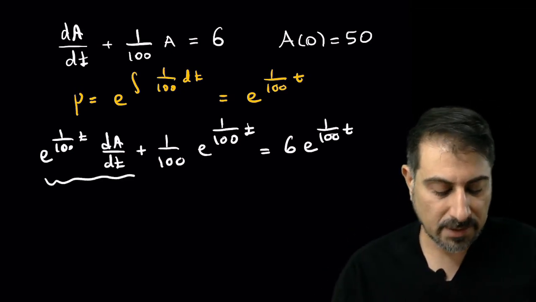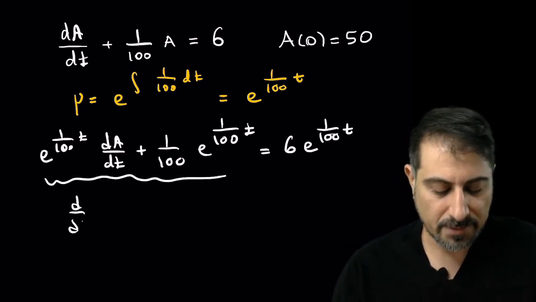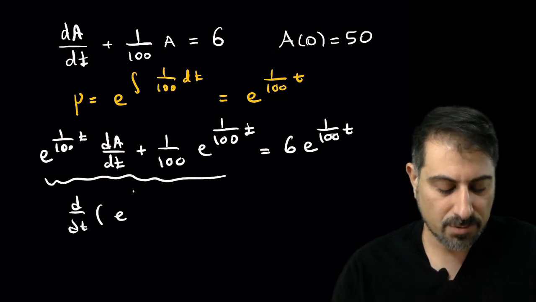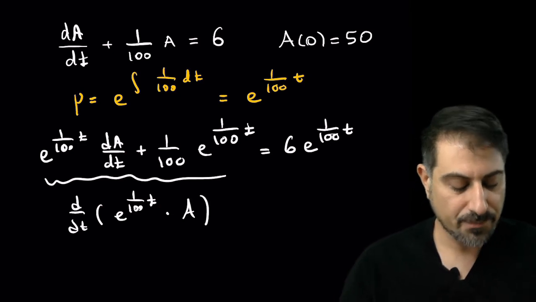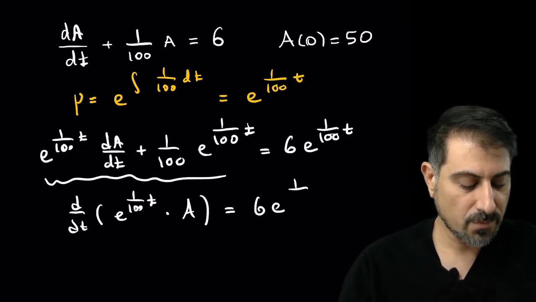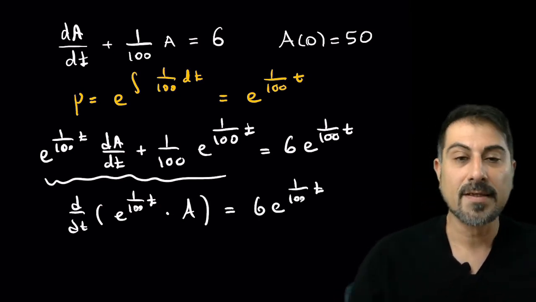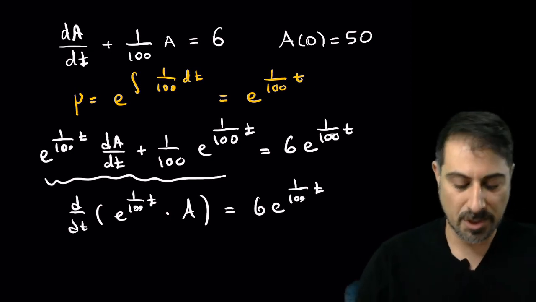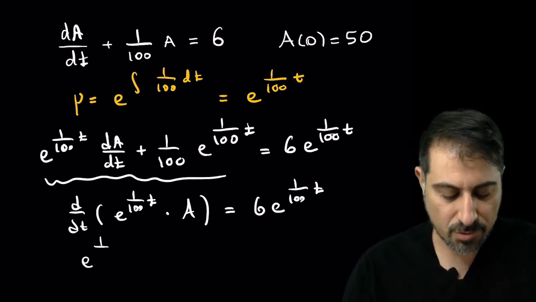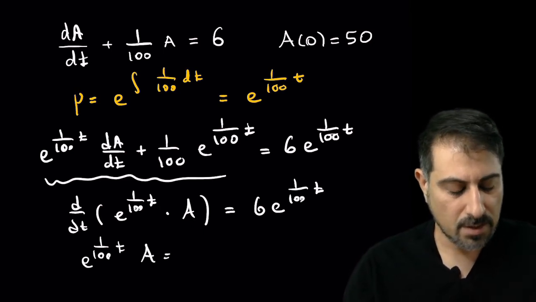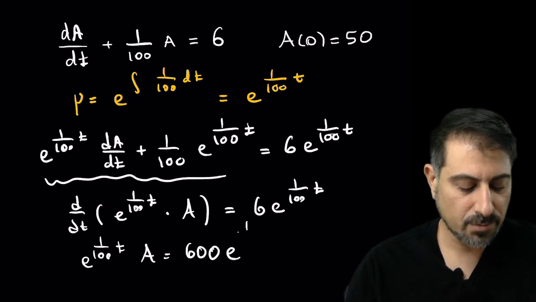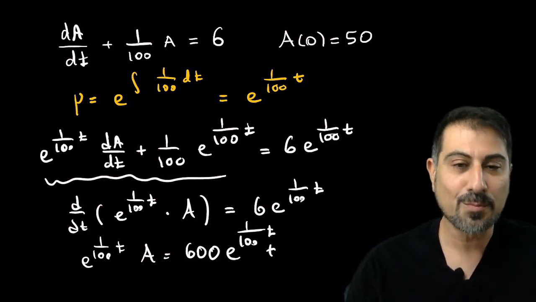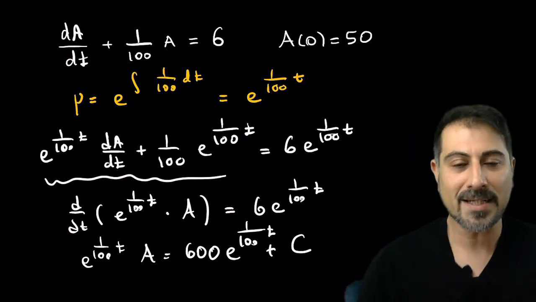And the left-hand side is the derivative of e to the 1 over 100 t times A, and that's good news. So now we can integrate both sides of the equation to get e to the 1 over 100 t A equals 600 e to the 1 over 100 t plus C, an integrating constant.